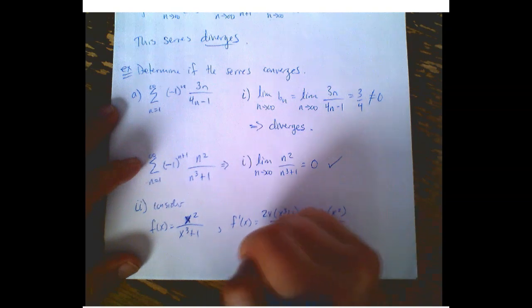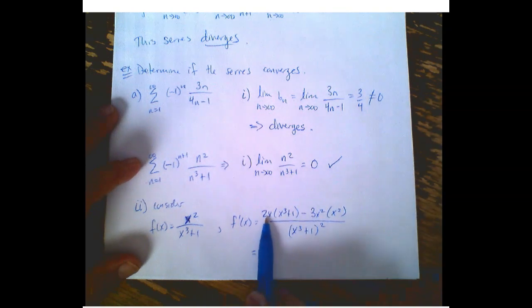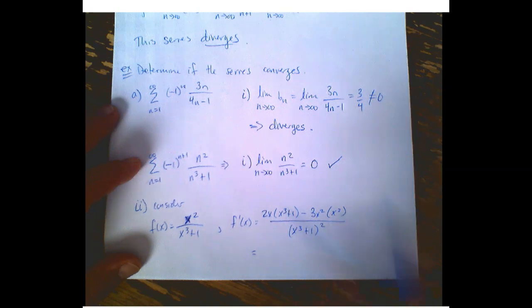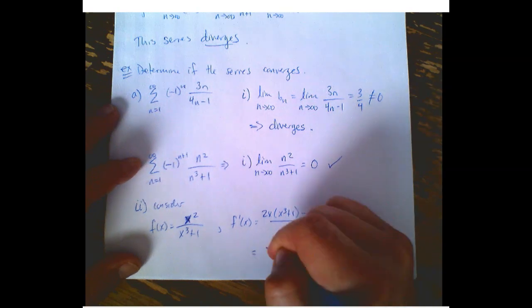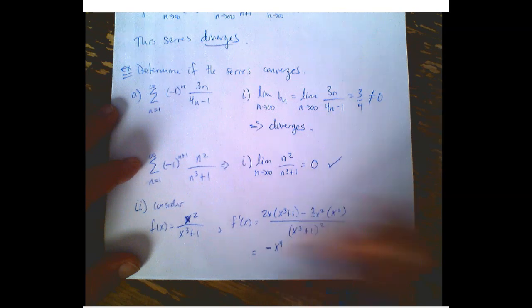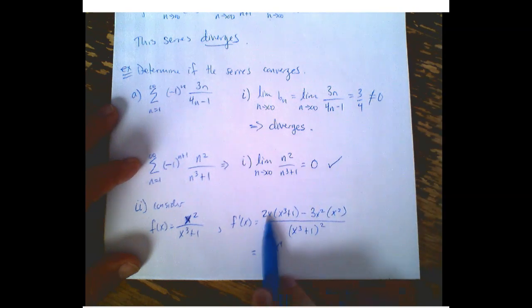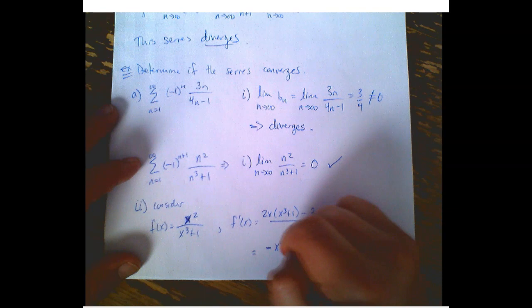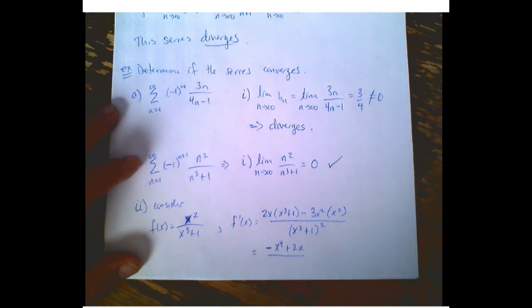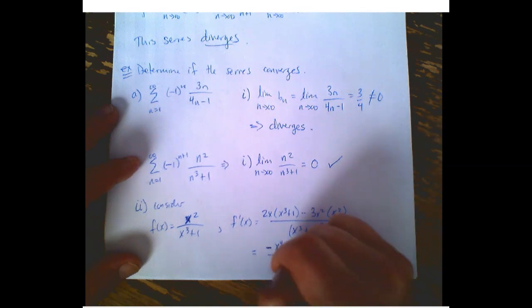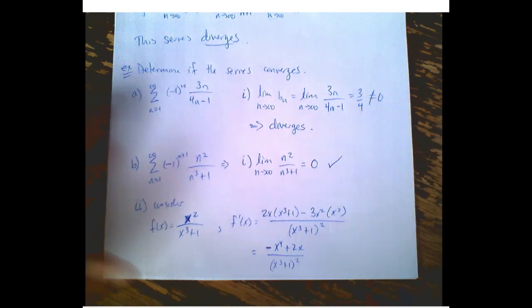So let's see what we get. We'll have 2x to the fourth minus 3x to the fourth, so that's just negative x to the fourth. And then 2x plus 2x over the bottom squared.